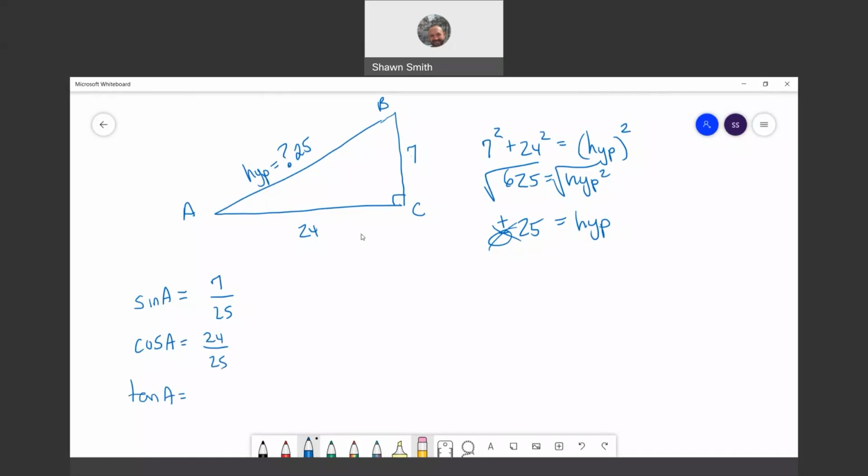Tangent of A, opposite over adjacent, or sine divided by cosine, right? We know that from that previous section. I can say 7/25 divided by 24/25 is 7/24. And they're reciprocals. Cosecant of A is flip 7/25, 25/7. Secant of A will be 25/24. And cotangent of A is 24/7.